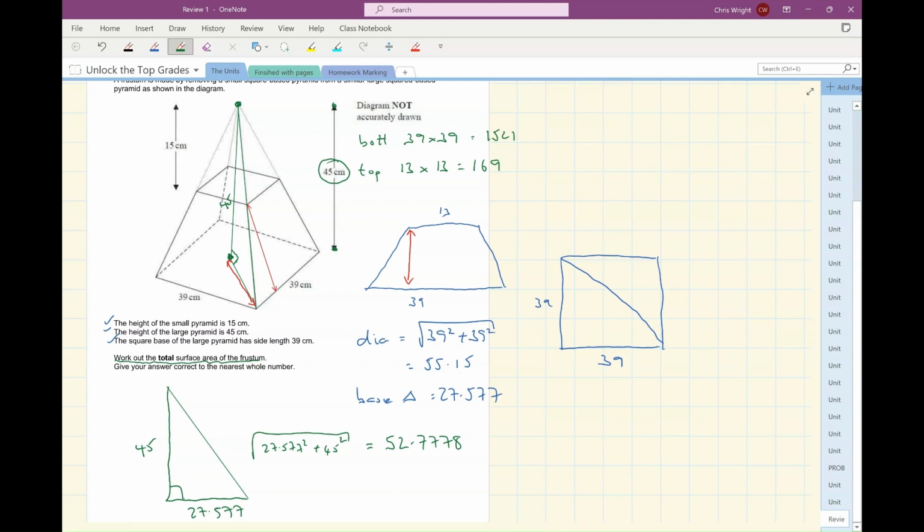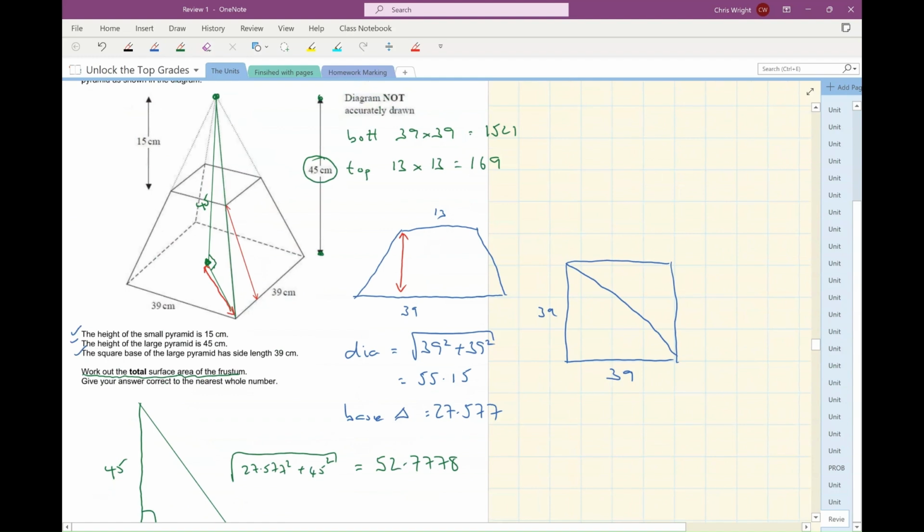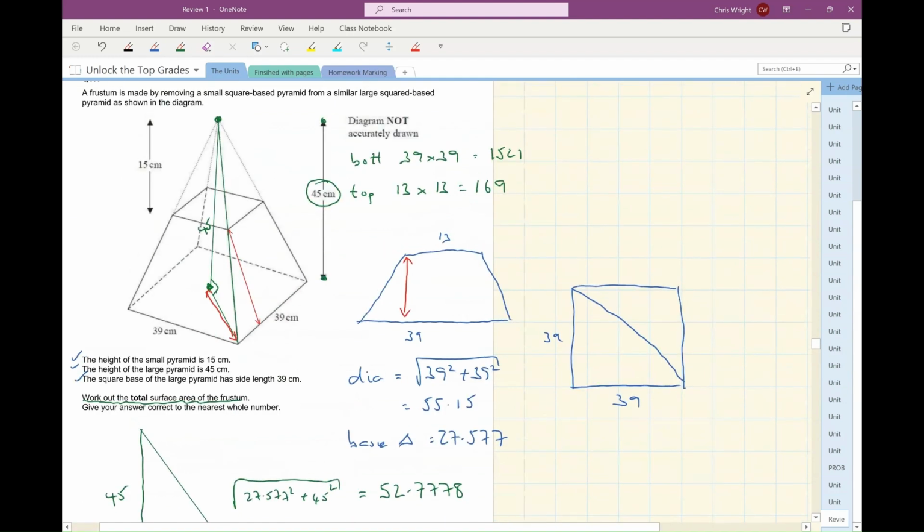Okay. Now, how does that help me? You may well ask. Okay. I've just found the length of the whole of this edge there. Okay. That is related to this length here. That diagonal length on the trapezium is going to be 2/3 of the whole diagonal, because the top is 1/3 of the whole shape.